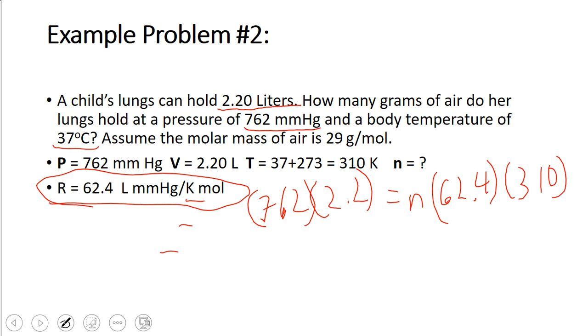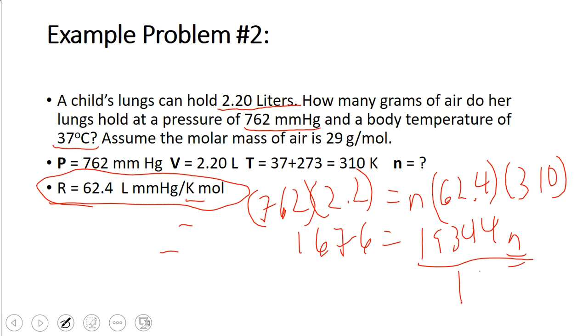762 times 2.2. That is 1676. Let's just go with that. And then 62.4 times 310 is 19344. And that's times n. So to isolate this n, we need to divide both sides by 19344.